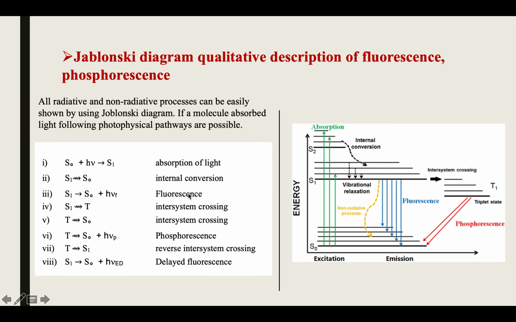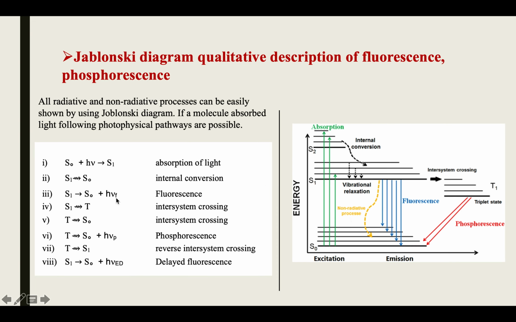If it happens, we call it internal conversion. So this is the second process. Now the third process is fluorescence. In fluorescence, from S1 to S0, the transition takes place with emission of radiation. So this is a radiative transition. That's why we call it fluorescence.